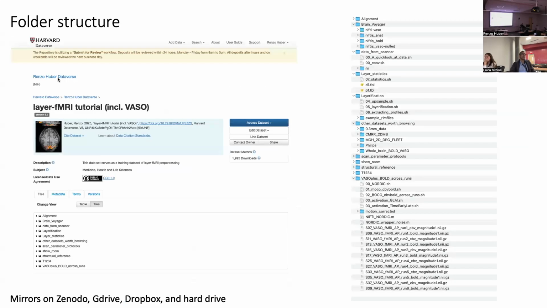So the data structure, you can download it from the Harvard Dataverse, but also now we learned that the dataset increased quite a bit, so you cannot just download all in one button. So in the email that was sent to you, there are several mirrors as well. So on Zenodo there's a dataset, but also on Dropbox and Google Drive where you can download the copies.